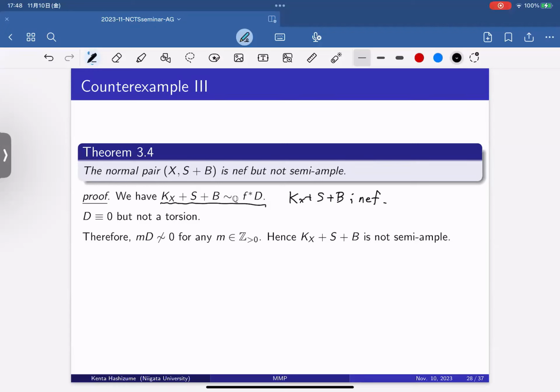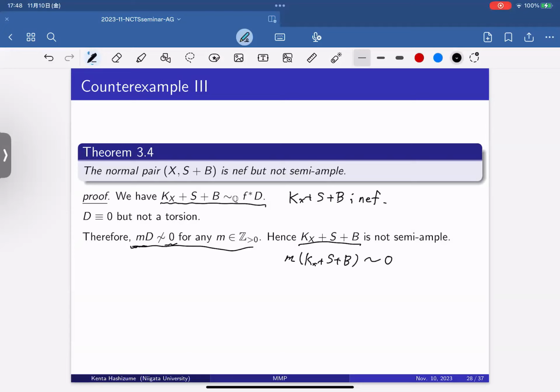So for any m, this multiple cannot be trivial. So if this divisor is semi-ample, then some multiple has to be linearly equivalent to zero.